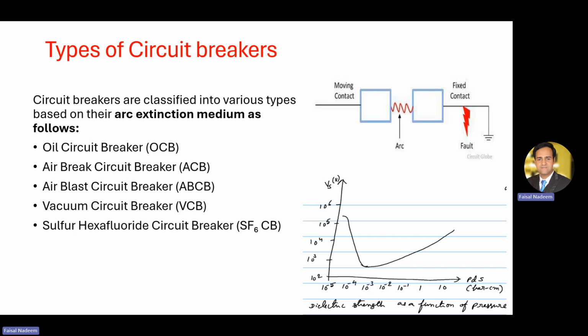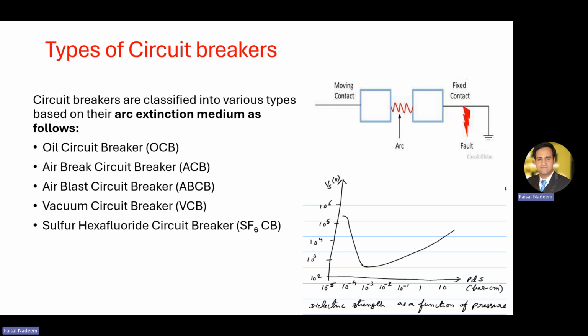For example, oil, then we have air, vacuum can also do it, and in the end, very effective, sulfur hexafluoride circuit breakers. Oil is used for arc quenching, no doubt.